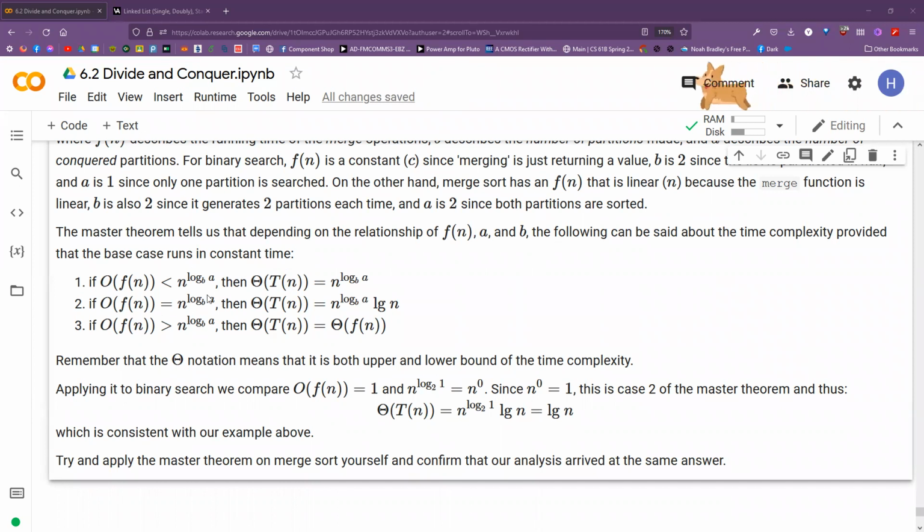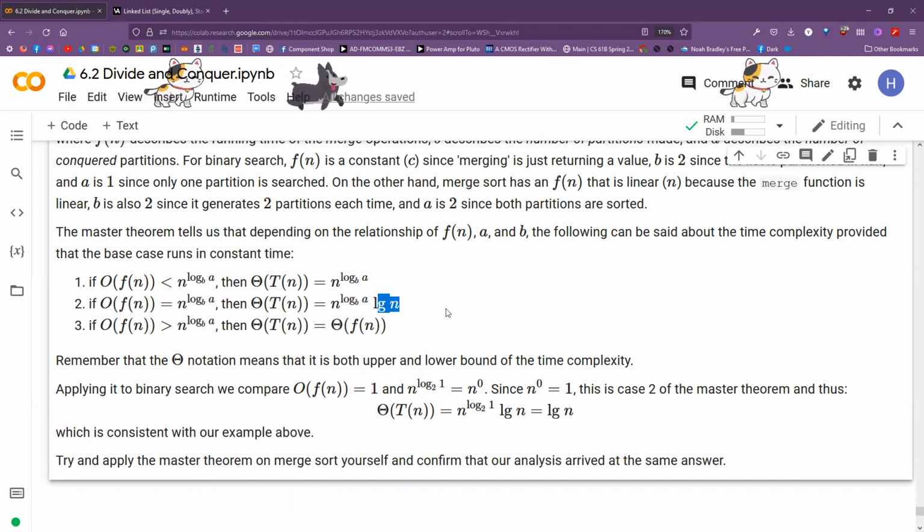So basically, this just compares yung number of recursive calls doon sa ating merge operation. If mas malaki yung time complexity ng merge operation, siya yung dominant. Otherwise, yung number of recursive calls, siya yung dominant. Or if pareho sila, it's the number of recursive calls times log of n.